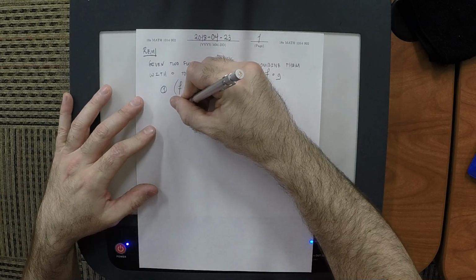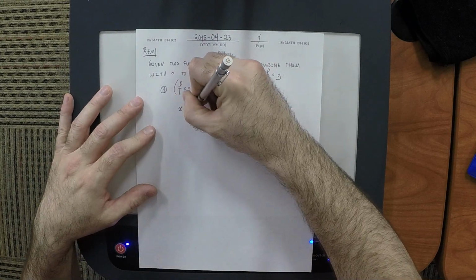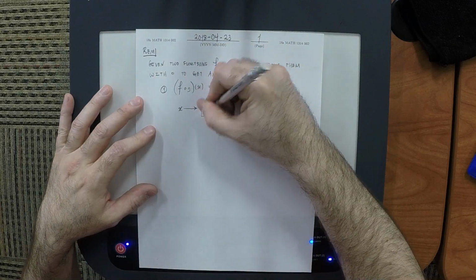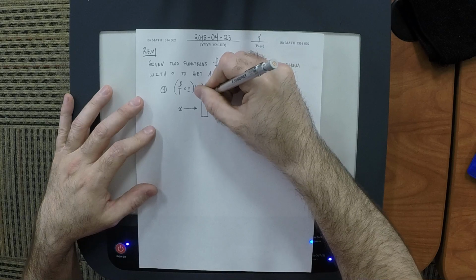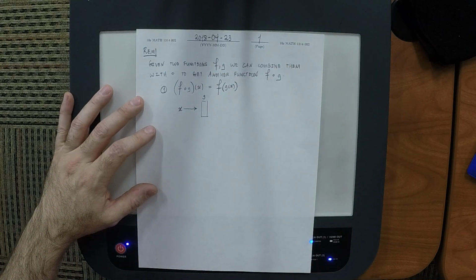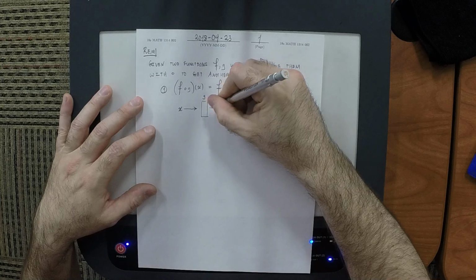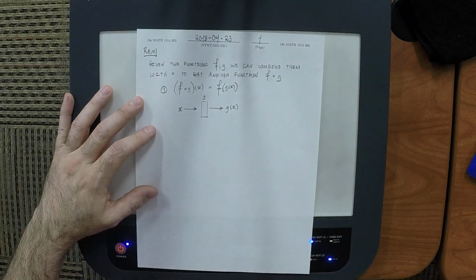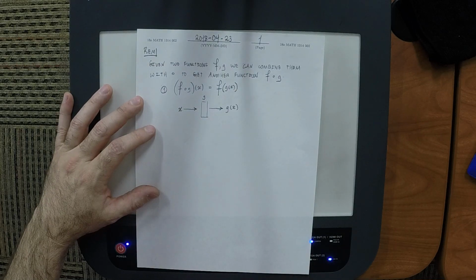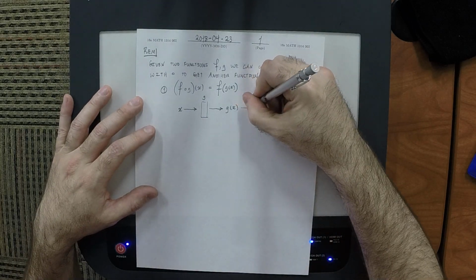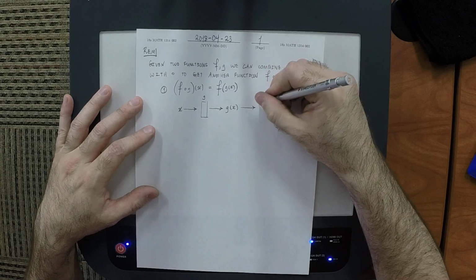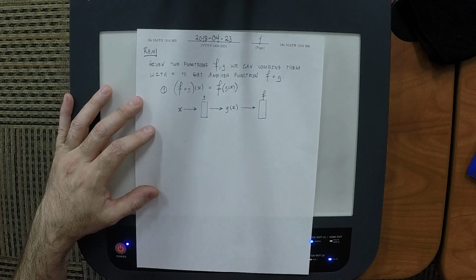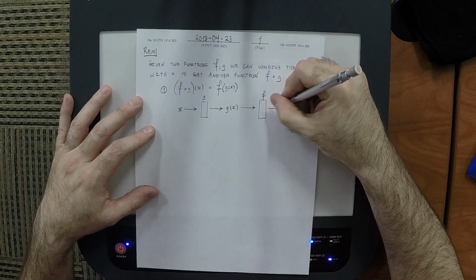I'd like you to imagine that we have an x, and it goes down a conveyor belt to the g machine, and out comes g of x. Then this output g of x proceeds further on the conveyor belt to the f machine, and out comes what? f of g of x.